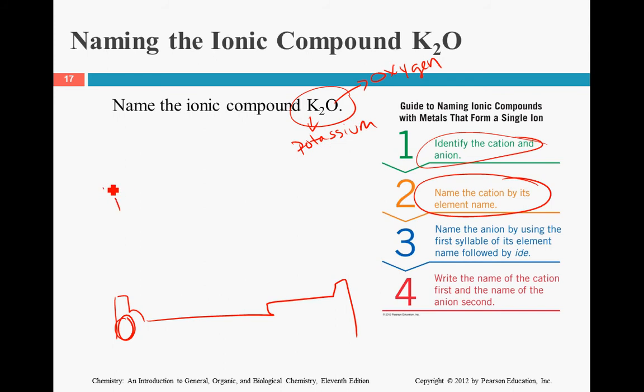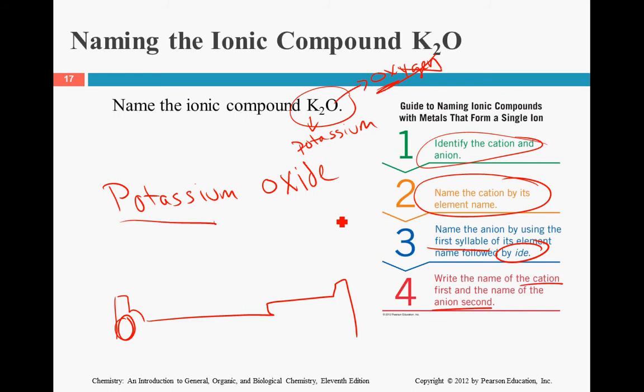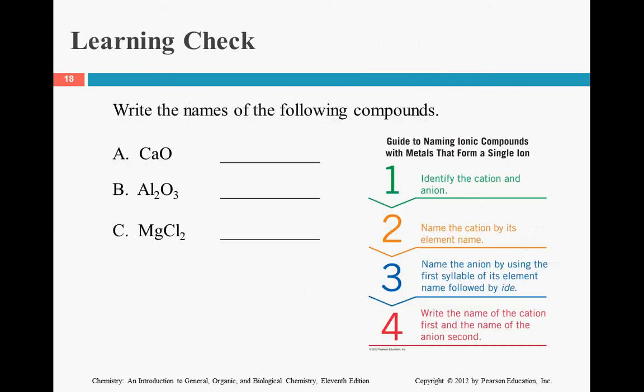So we're just going to put potassium. Name the anion by the first syllable. So oxygen, ox is the first syllable. Then we're going to drop the rest and turn the rest to "ide." So oxygen becomes oxide. So name the cation first and then the anion. Potassium's the cation, oxide's the anion. So this is potassium oxide.